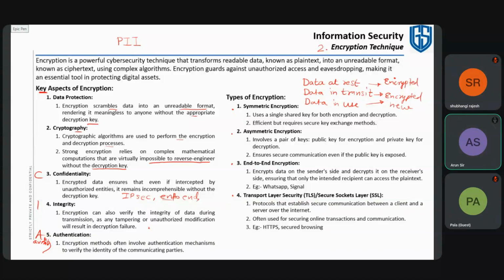So again, you have to make sure that the public key is secured. Even if the public key is exposed, the data can be decrypted only by the private key. This process is actually used in web browsing. All secured web browsing uses the same.